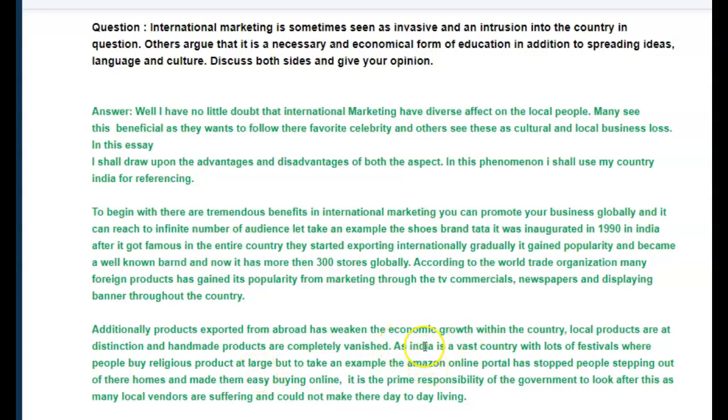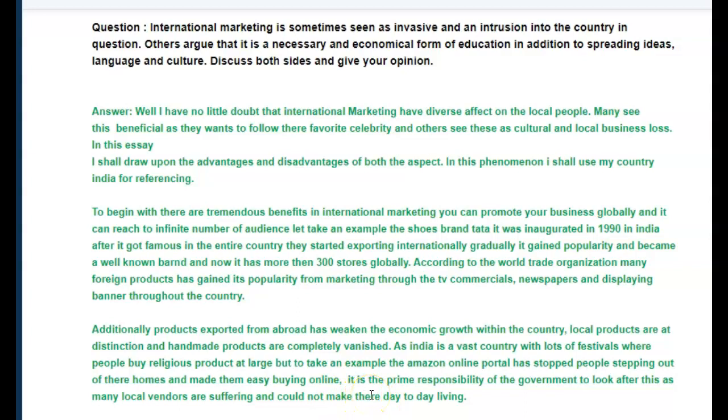India is a vast country with lots of festivals where people buy religious products, but take the example of Amazon online, which has stopped people from stepping out of their homes, and made them buy online easily. Okay, full stop. It is the prime responsibility of the government to look after this, as many local vendors are suffering and could not make their day-to-day living.